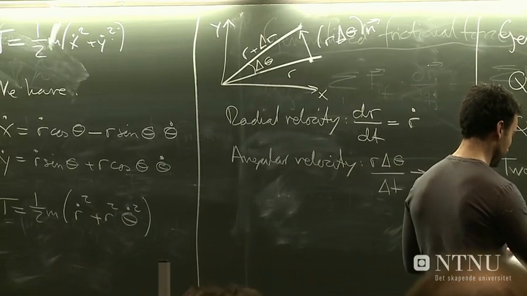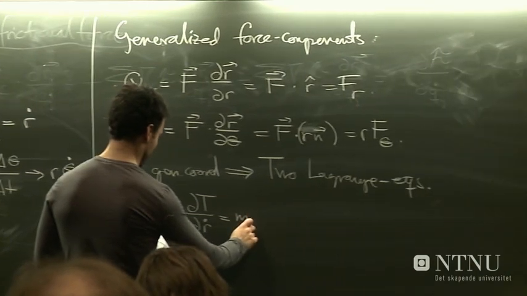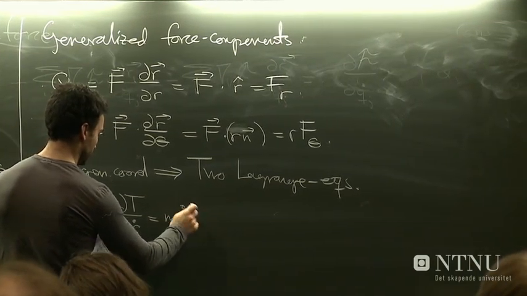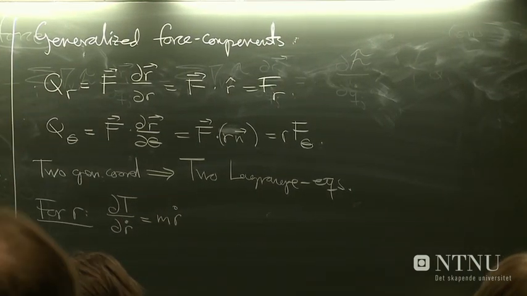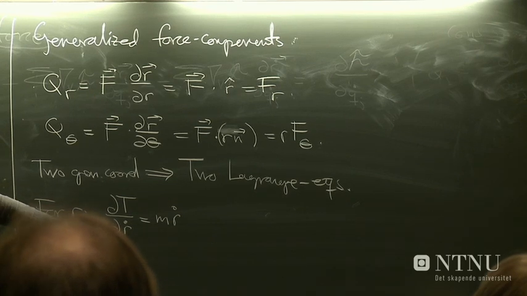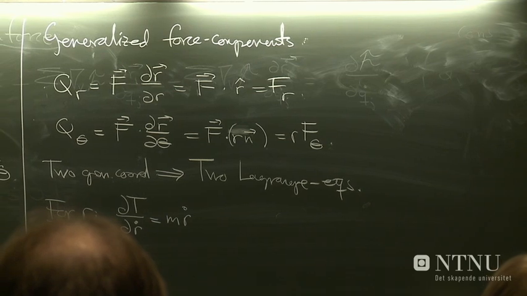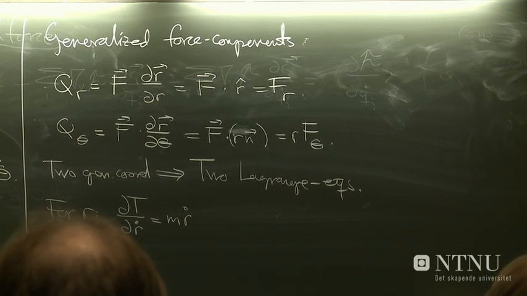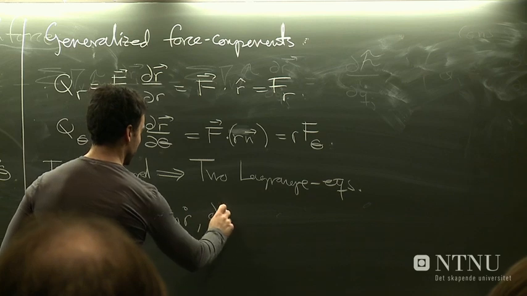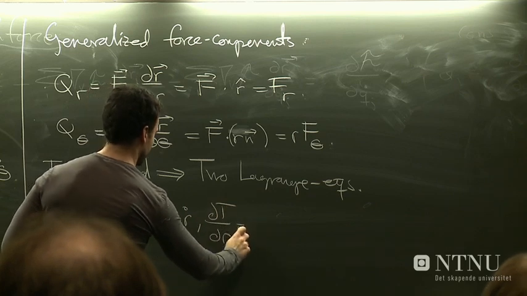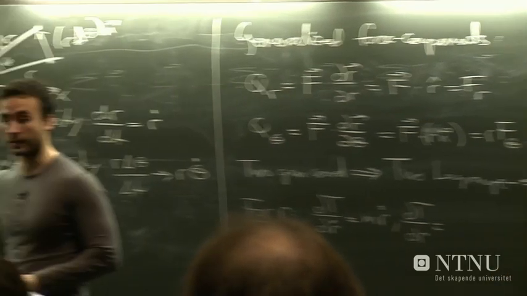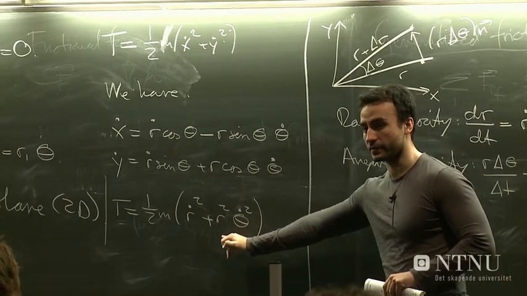So this is m r dot. But in addition, we know that the Lagrange equation contains a derivative of L with respect to q, or in this case r. So we have to check if L has any dependence on r. And in this case, it actually does, due to this term.